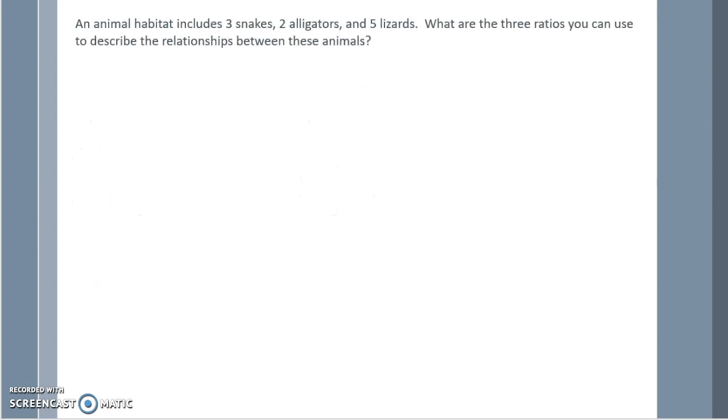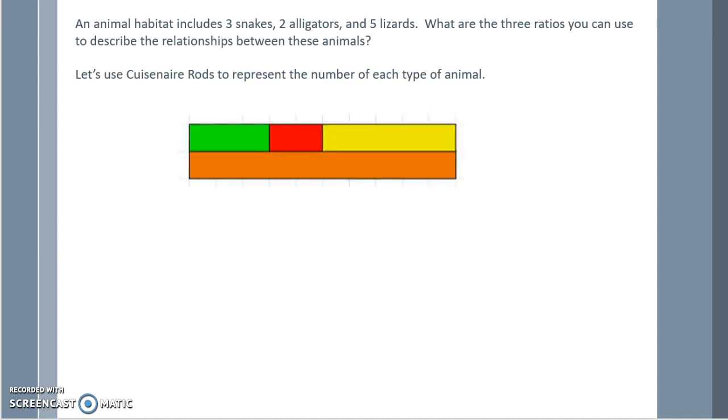An animal habitat includes 3 snakes, 2 alligators, and 5 lizards. What are the 3 ratios you can use to describe the relationships between these animals? We're going to use Cuisenaire rods to represent the number of each animal type. So I went to our interactive Cuisenaire rods, which are located again in the manipulative folder.